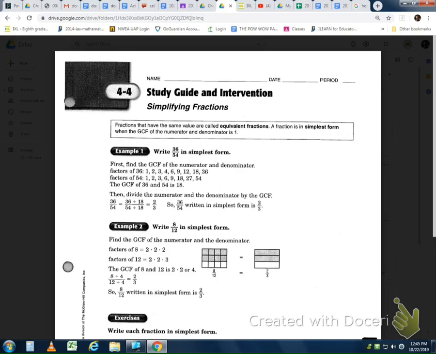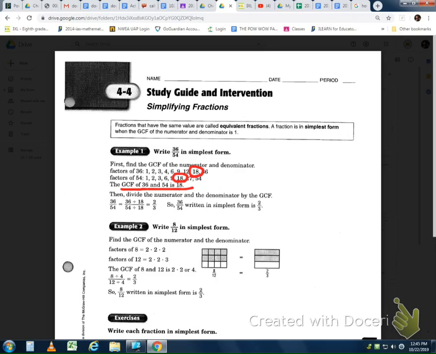I would start with 36 because it's not going to be any bigger than that. 36 is not in the list of factors for 54, so you go to 18, and 18 is in the list for 54. So 18 is the greatest common factor of 36 and 54.